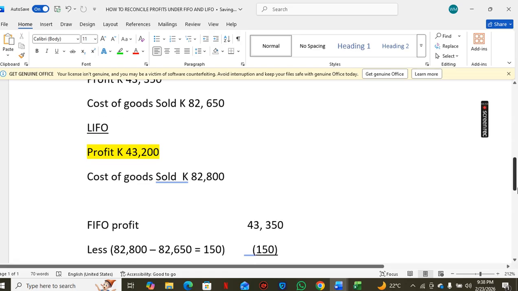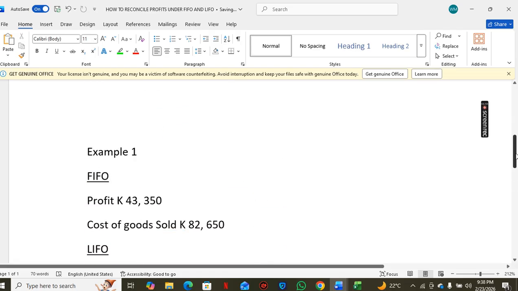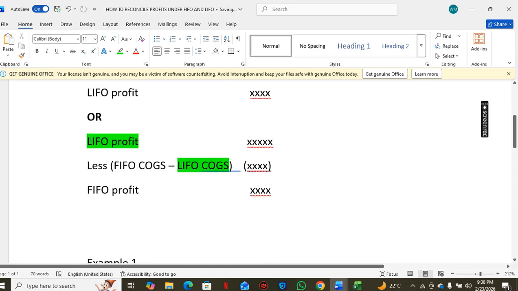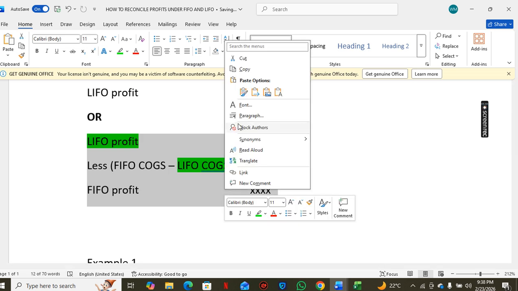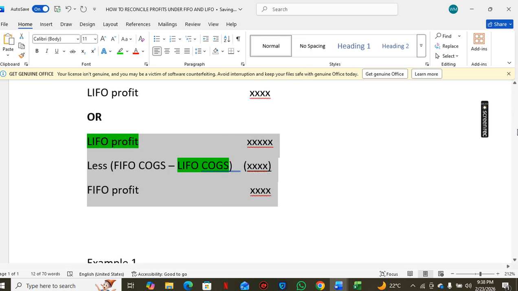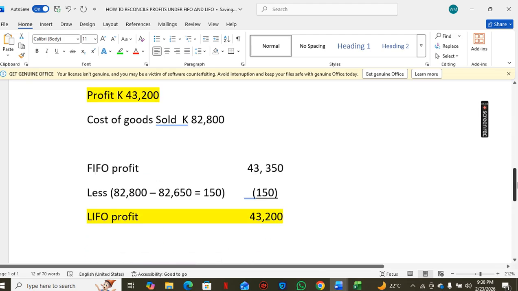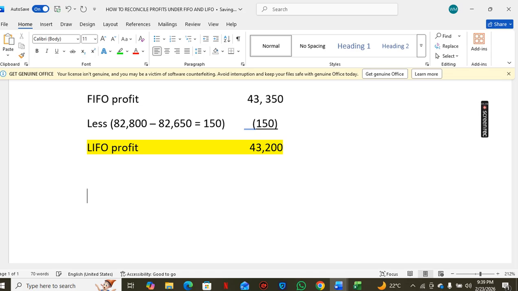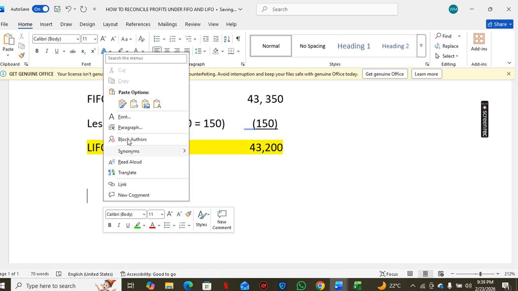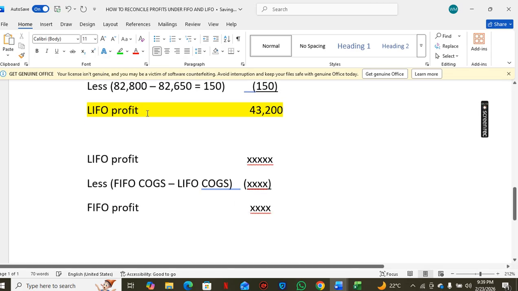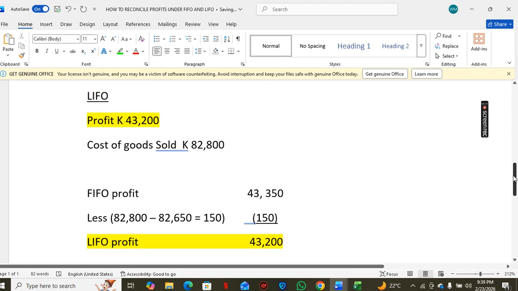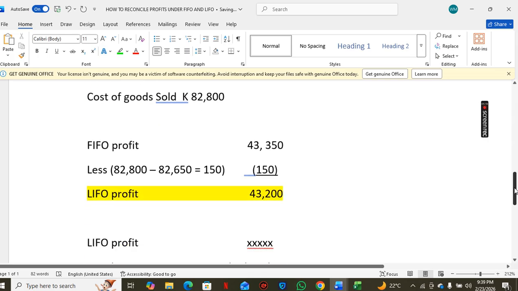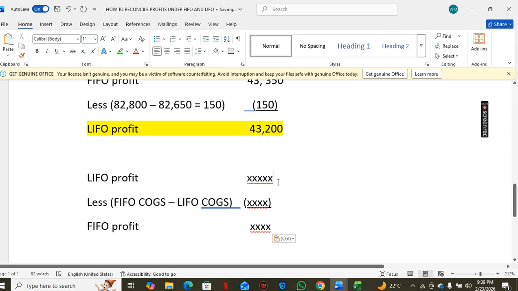So if we use the second format, if we start with the LIFO profit, it's 43,200.